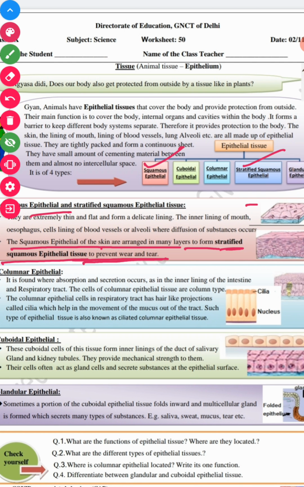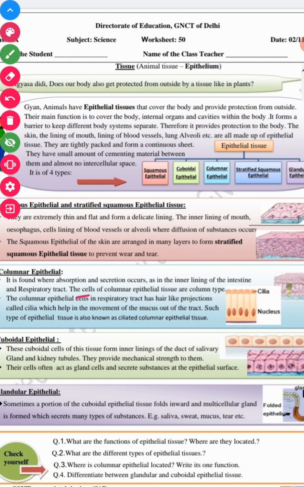Second, we have columnar. Columnar tissue is found where absorption and secretion occur, as in the inner lining of the intestine and respiratory tract. The cells of the columnar epithelium tissue are columnar type. See this, they are in column shape.